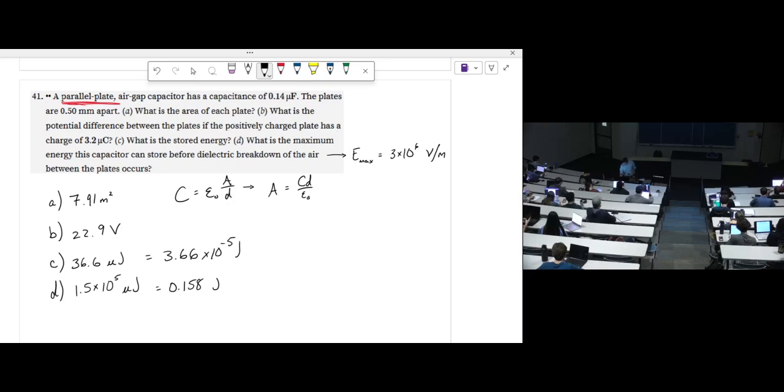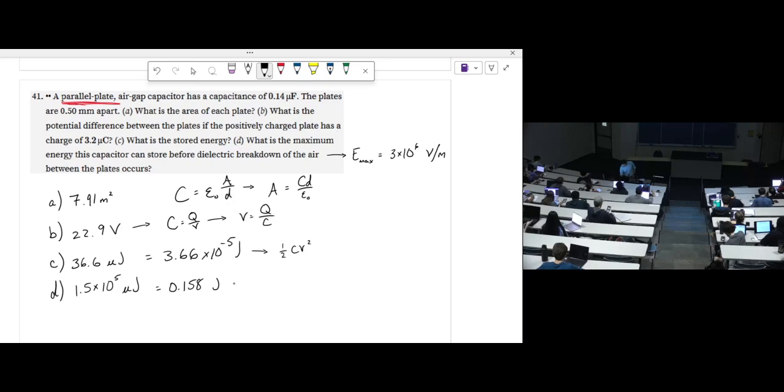Yep. You get the voltage across. Well, we know that C is equal to Q over V here. We know the charge, so if you want to know the voltage, Q over capacitance is voltage. You've got 1/2 CV squared for this one.